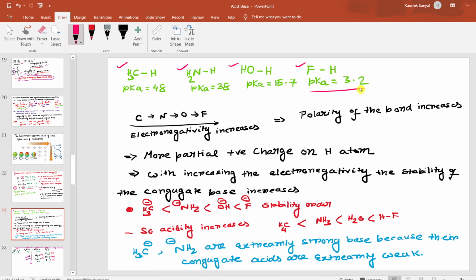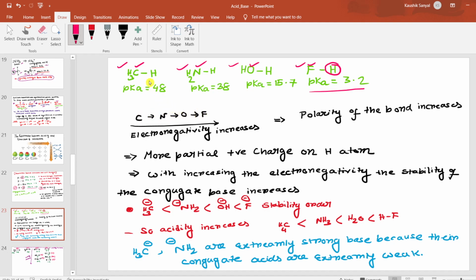If you look at the difference between these molecules, the common thing is hydrogen, and the difference is that as we move from left to right, we go from carbon to nitrogen to oxygen to fluorine. As we move from left to right, the electronegativity of the corresponding atom increases, from carbon to fluorine.